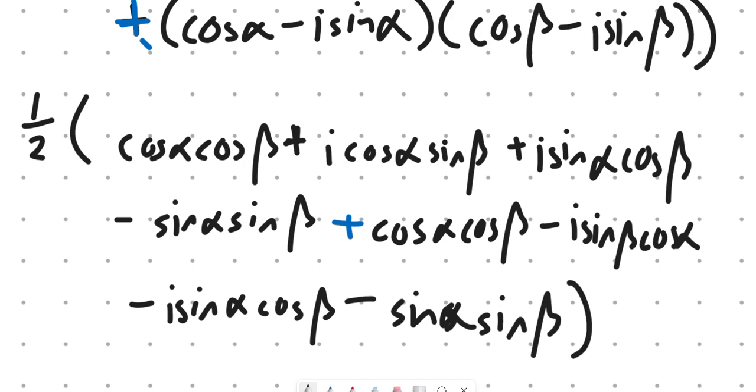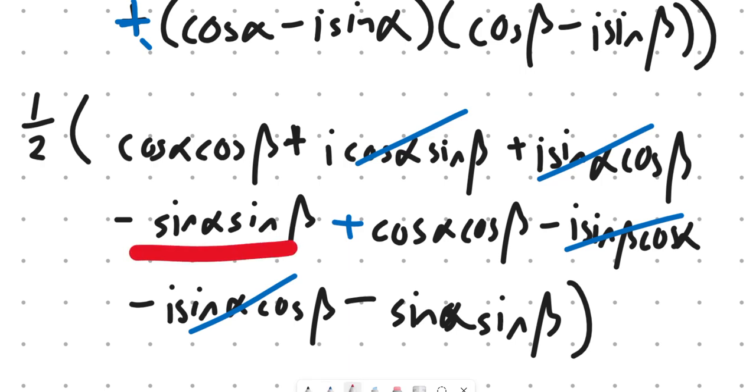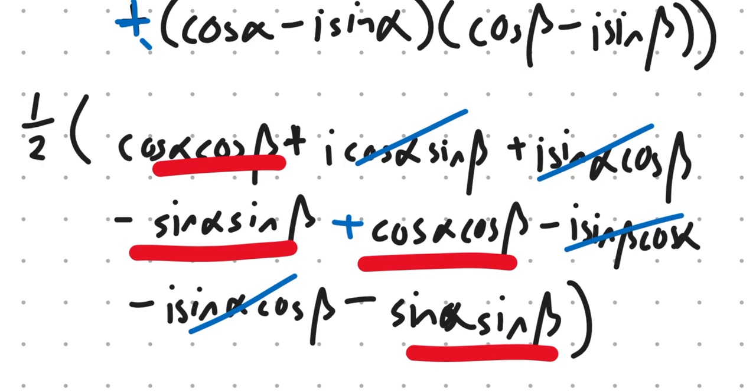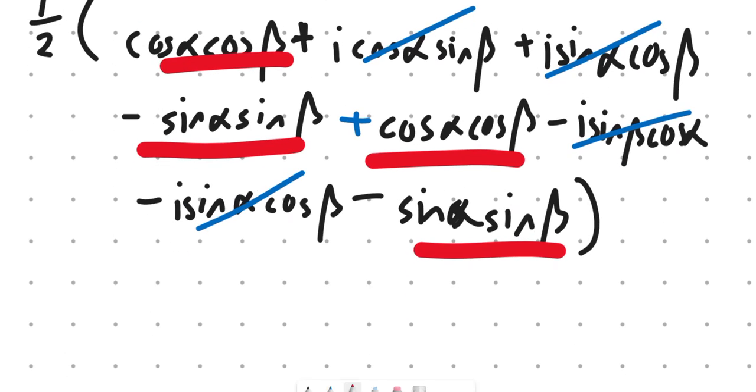Now what we can see is that all the i's will cancel out. So we have i cosine alpha sine beta, that is this thing, and then we have i sine alpha cosine beta, which is this thing, and that's all. So we can combine those: sine alpha sine beta, cosine alpha cosine beta, cosine alpha cosine beta, and then divide all by 2.